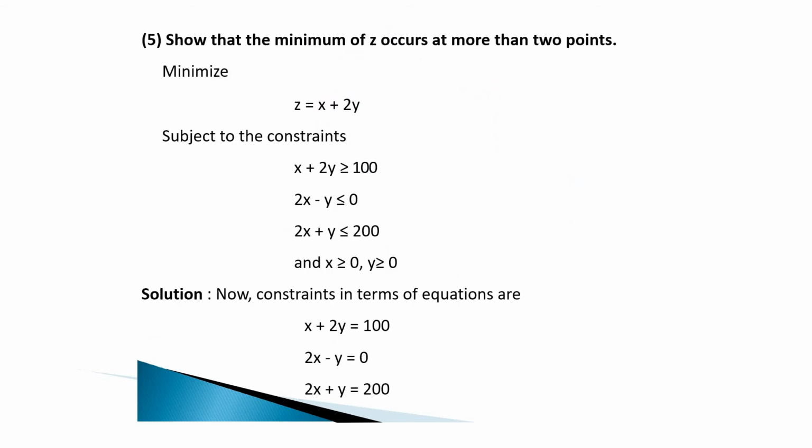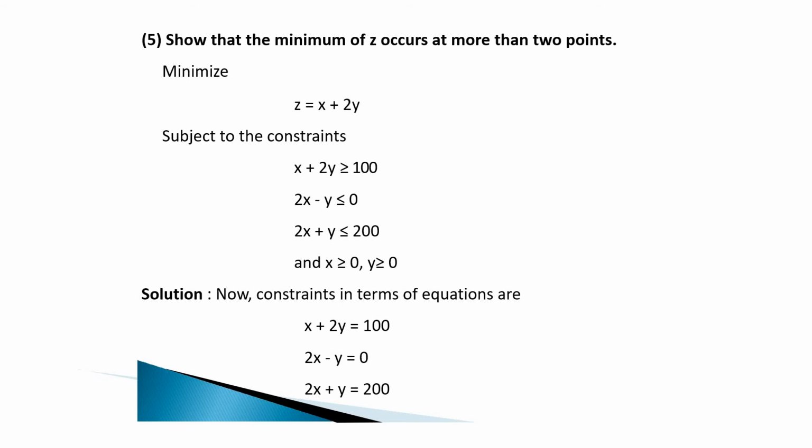Next, minimize z is equal to x plus 2y subject to the constraints x plus 2y greater than or equal to 100, 2x minus y less than or equal to 0, 2x plus y less than or equal to 200, and x and y both are non-negative.